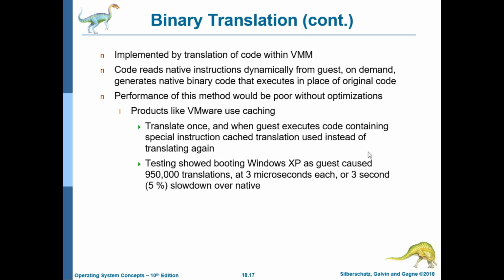How does VMware do this? With caching, it translates once, and when the guest executes code containing special instructions, the cached translations are used instead of translating again. Testing showed booting Windows XP as a guest cost 950,000 translations at 3 microseconds each, or 3 seconds, a 5% slowdown over native.